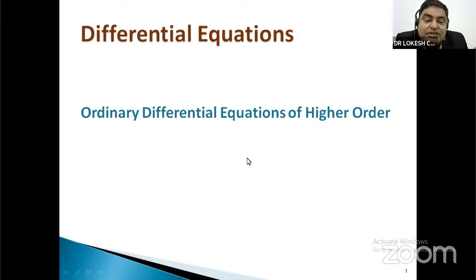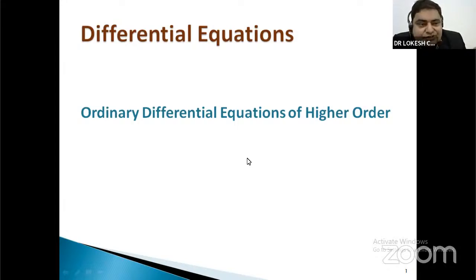The basic classification is that if the unknown function has one independent variable, we say it is an ordinary differential equation because it involves ordinary derivatives.